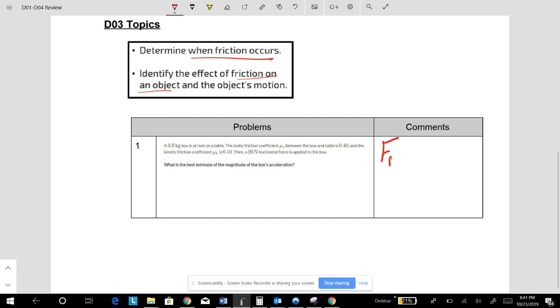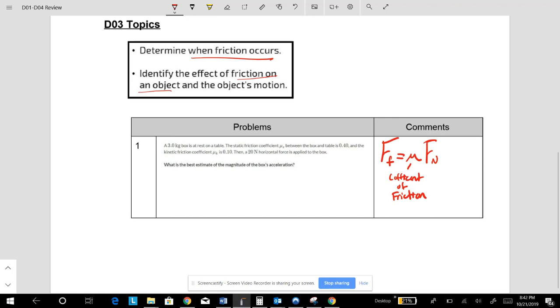So the force of friction is equal to the coefficient of friction, and that varies with the surface that you're on, and then it's also going to be times your force of normal. Cool? So let's just try one for an example.